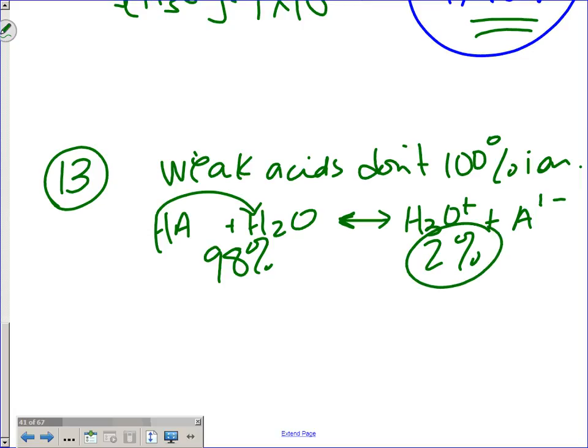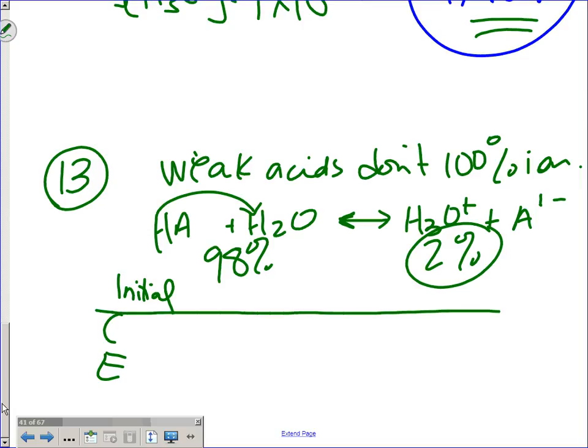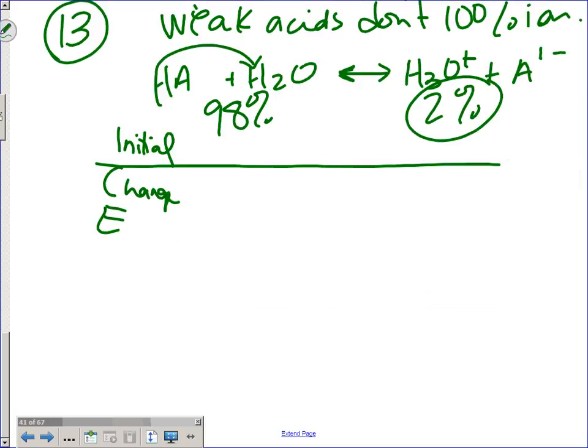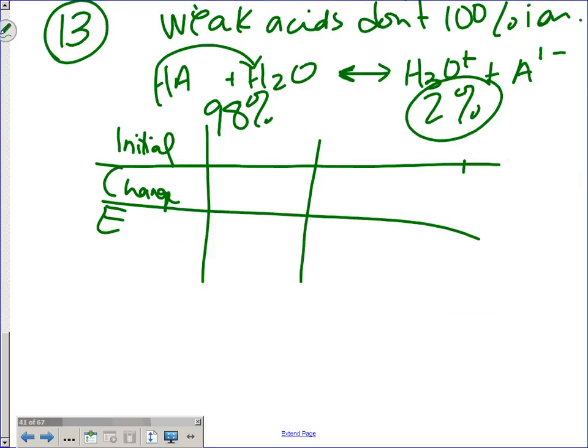Well, we can assign a mathematical way to solve for this value, and it's called making an icebox, where you plug in your initial concentration here into the row here. You plug in the change that's occurring here, and that's true for each of these individual reactants and products.